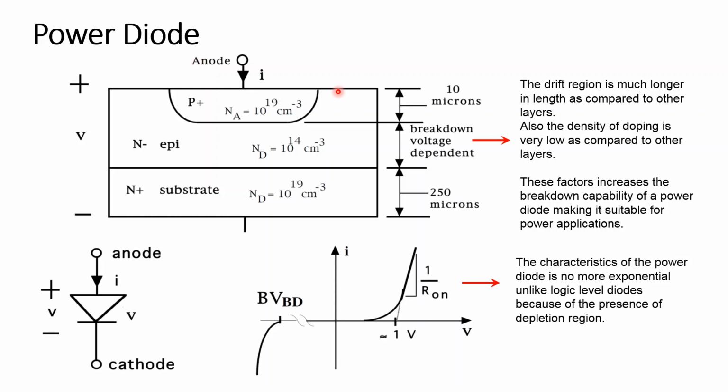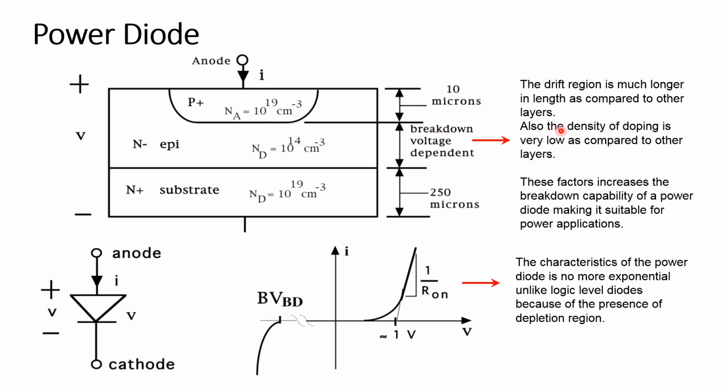So the drift region is much longer in length as compared to other layers. So this is the drift region, and the length of this drift region is very high, which we will see later in this video why it is the case. Also the density of doping is very low as compared to other layers, because the density here is 10 to the power 14, and in other layers the density is 10 to the power 19.